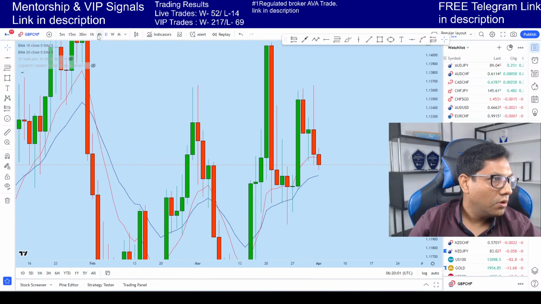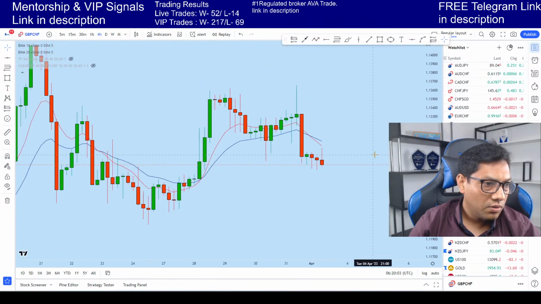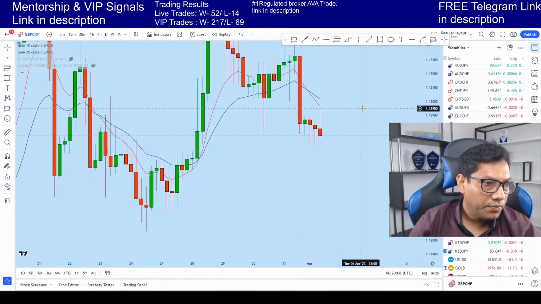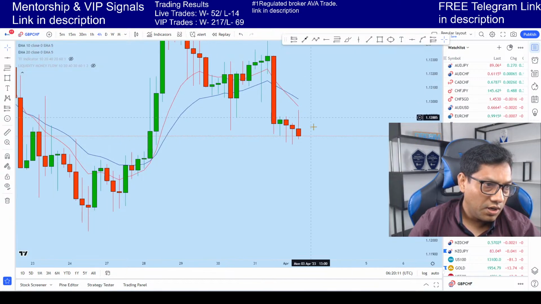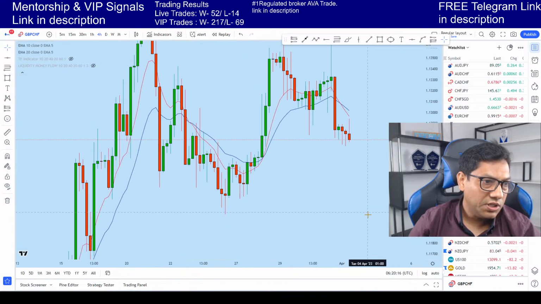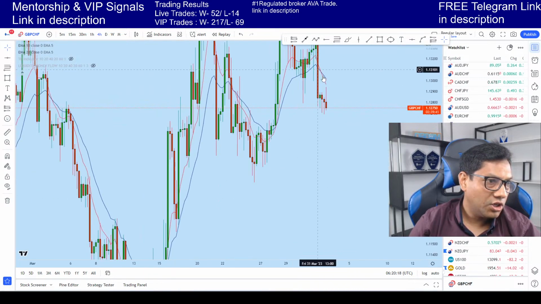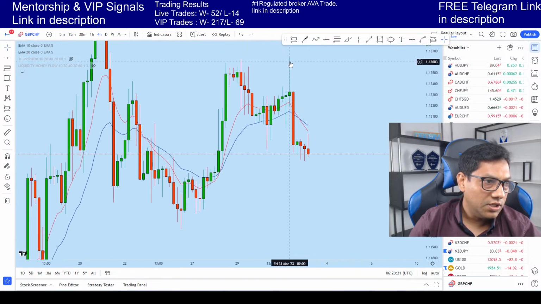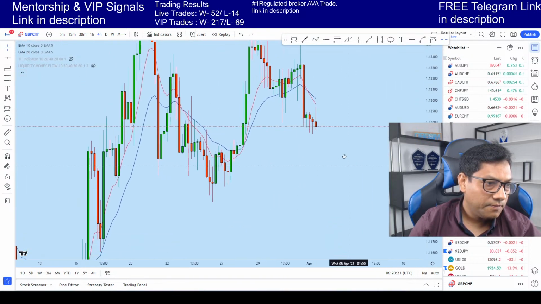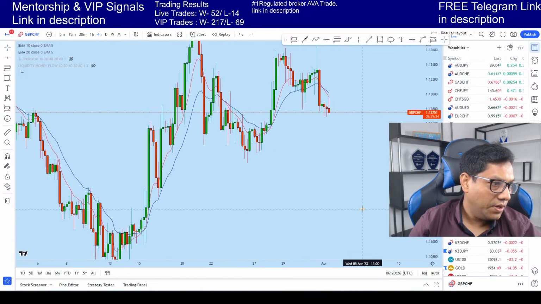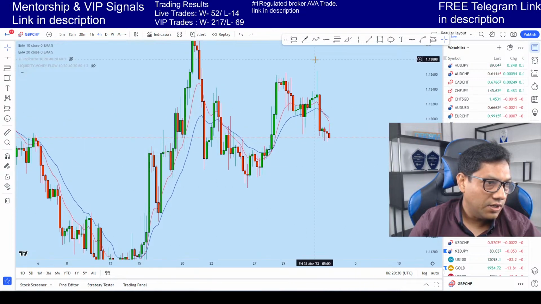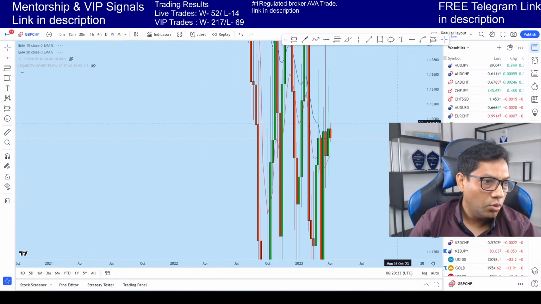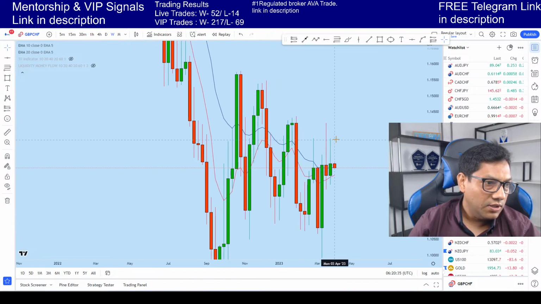If I look at the 4 hour, this one might return back up again to test this 20 EMA, and then we could see GBP CHF create a short-term drop. On the 4 hour it is a bearish market, and I think this one might be coming down to this level and create a downtrending movement here. If you look at the weekly, we can see that this is the weekly doji.